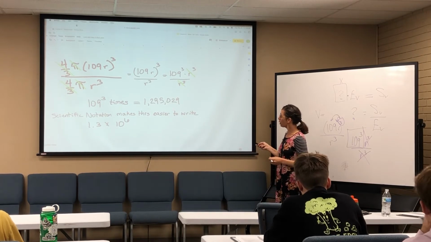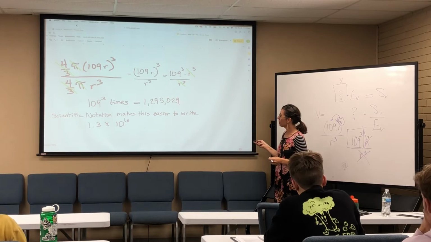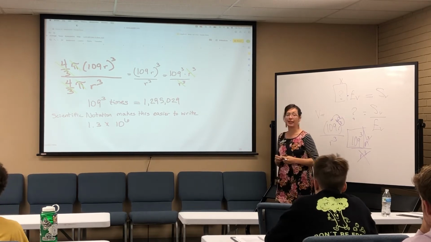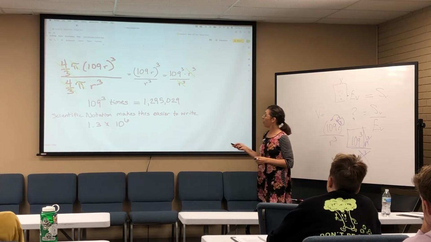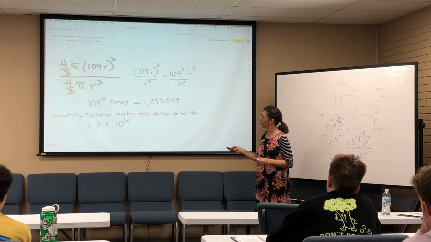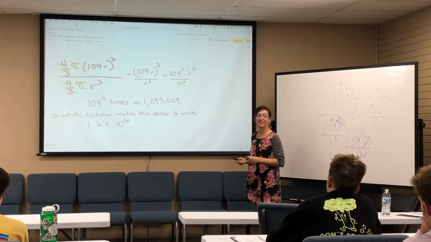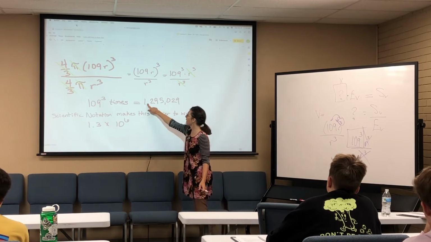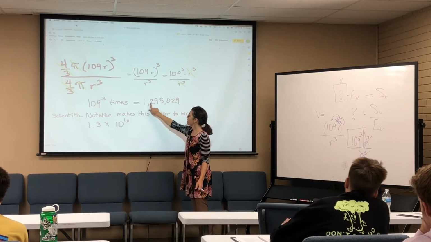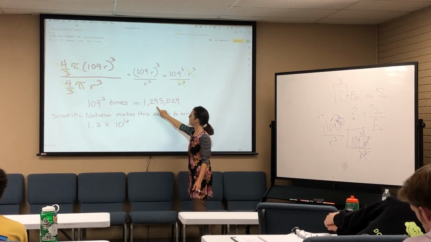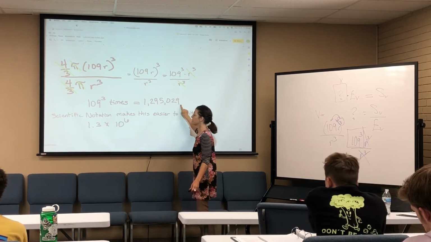As we get large numbers, like 1,295,029, we can easily write this as 1 sig fig, 1.3 times 10 to the 6th. Okay? So if I put a decimal right here, my 10 to the 6th says I move it 6 places. 1, 2, 3, 4, 5, 6.